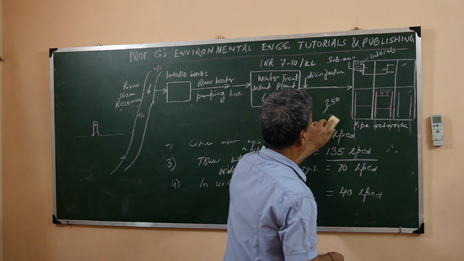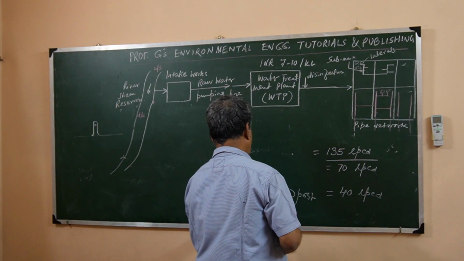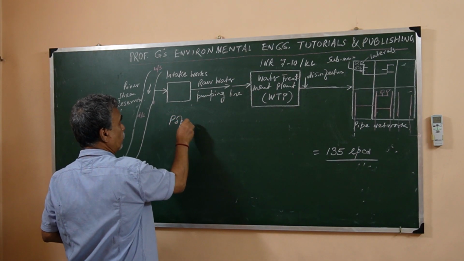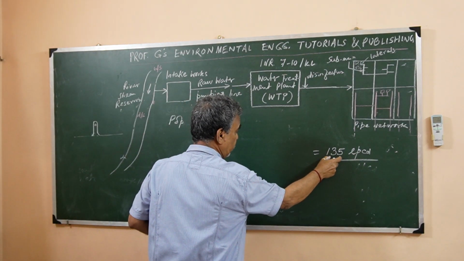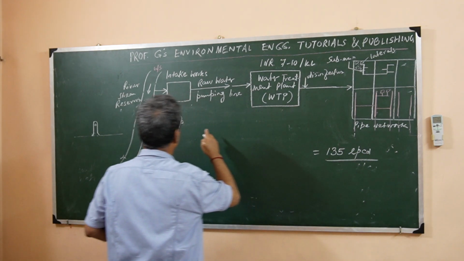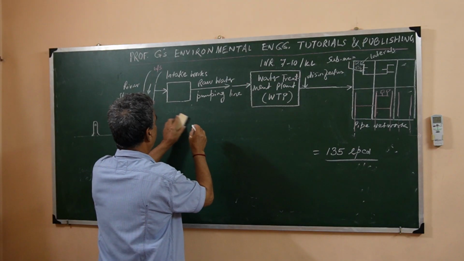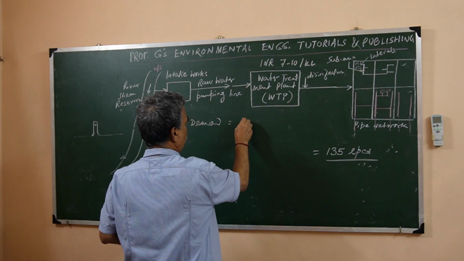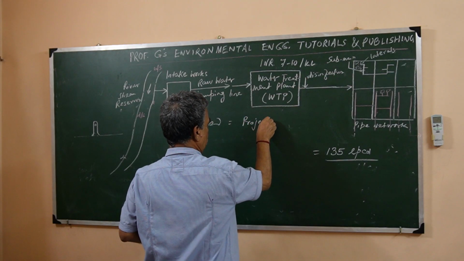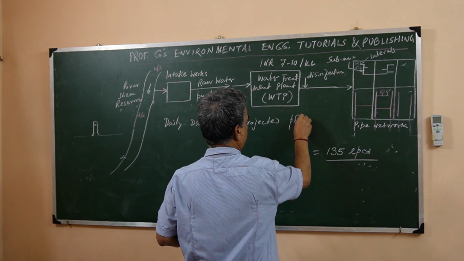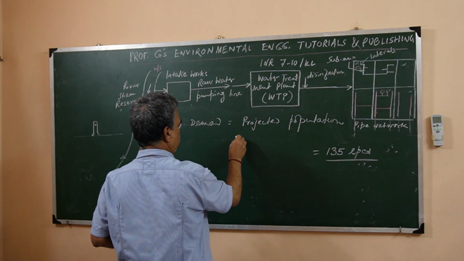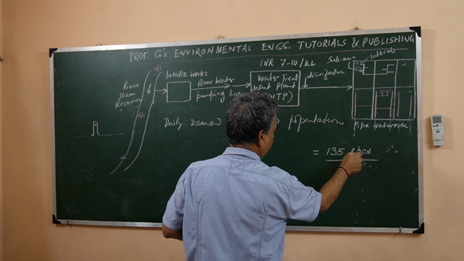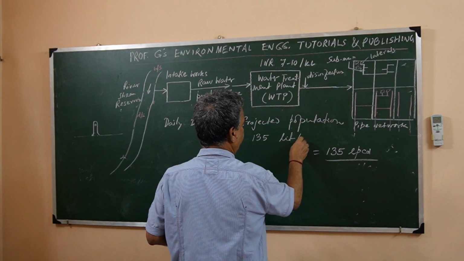Now this 135 LPCD, 135 liters per capita per day: the daily demand is the projected population into 135. This gives you the per capita demand that will be withdrawn, so much liters per day, the daily demand.